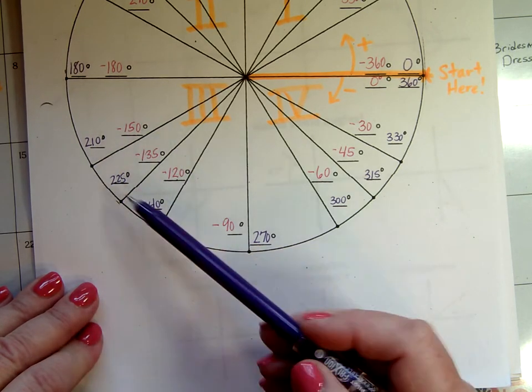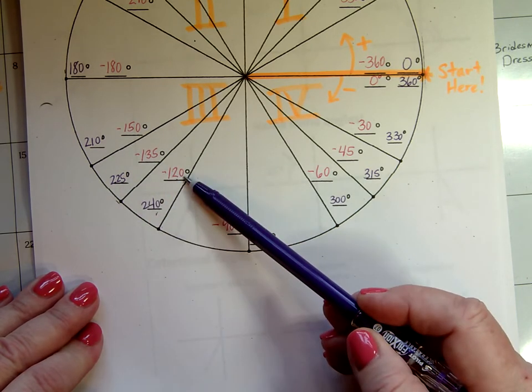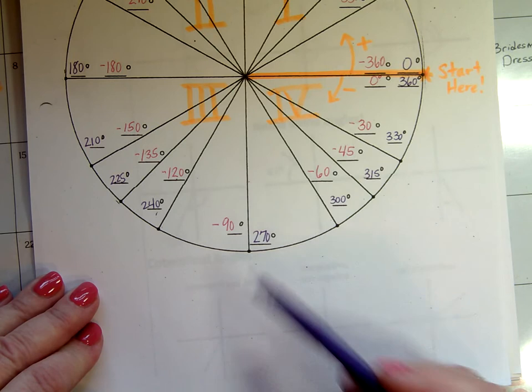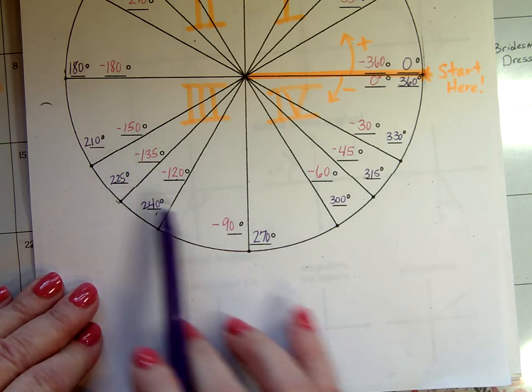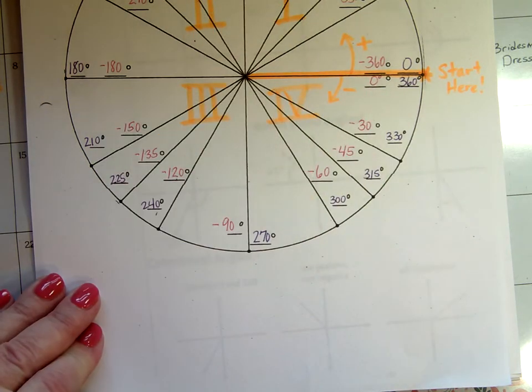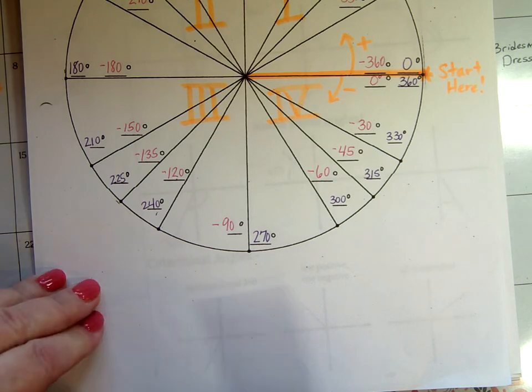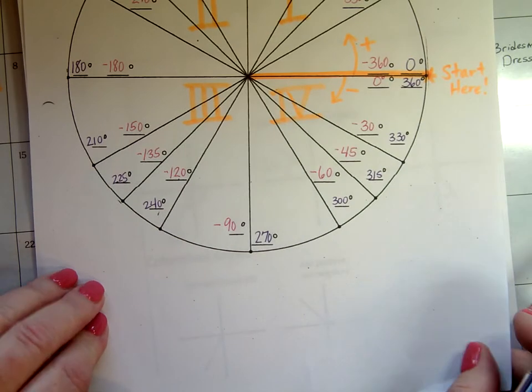If I take 225 and 135, if I take 240 and 120. And again, forget about the negative because the negative is just a directional thing. You'll notice that every single pair of these angles around the whole circle always add up to 360 degrees. So kind of a cool thing. If you can remember what the positive are, the negatives are just 360 minus whatever that number is.